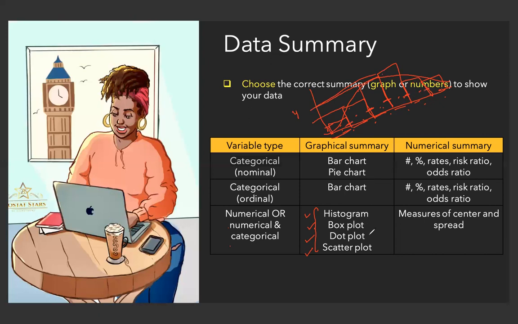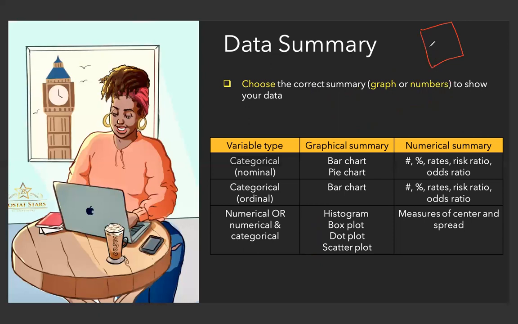And then what about the box plot? Well, a box plot is also used when we have a numerical and a categorical variable, but a box plot basically looks like this. Okay, so for example, here, I'm going to draw my box, right? So this is the box. We're going to talk about this a bit more, obviously, but this is what the box plot looks like, right?